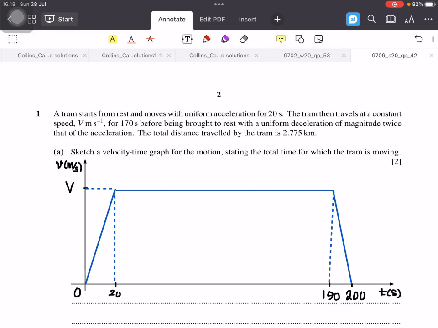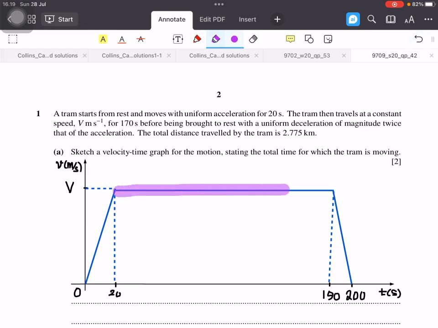A. Sketch a velocity-time graph for the motion, stating the total time for which the tram is moving. So this is the graph. In the first part, the tram moves with uniform acceleration for 20 seconds. It's a straight line. And then for another 170 seconds, the tram moves with constant speed, so this is a horizontal line.